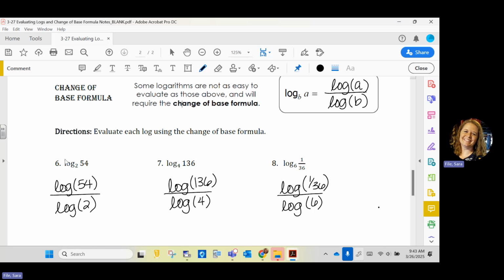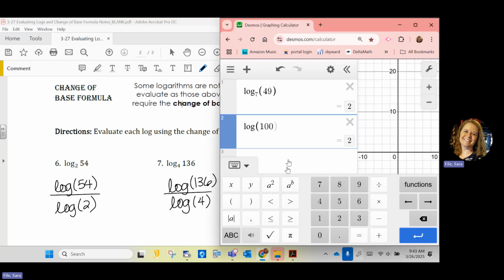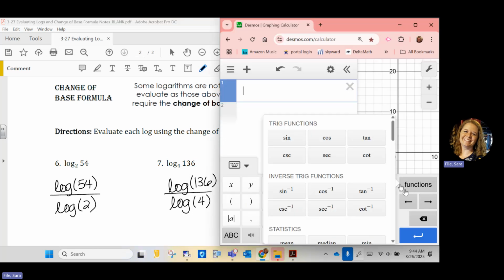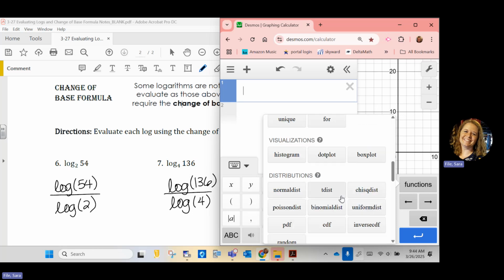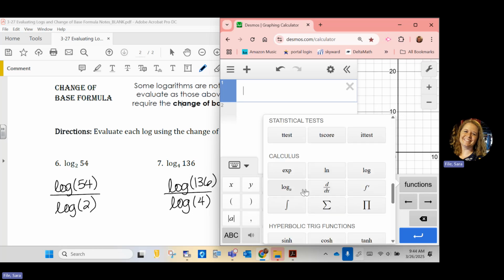Used to, you only had the option of typing in a common log. You couldn't do some other base, so you had to do change of base formula. But now that Desmos and graphing calculators let you type in any base, you really don't have to change this.